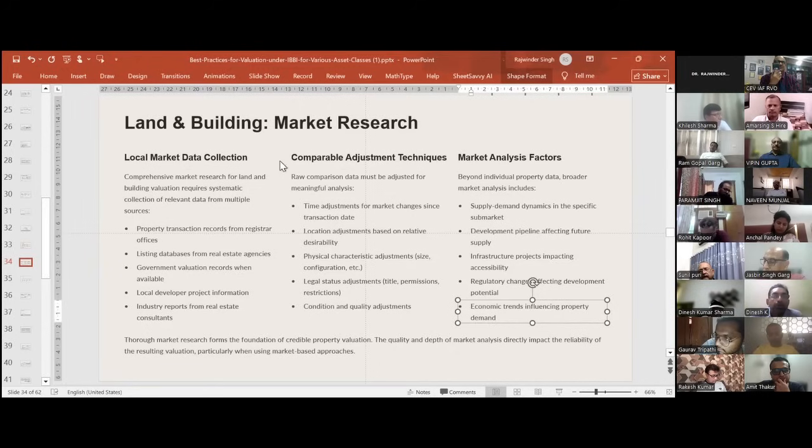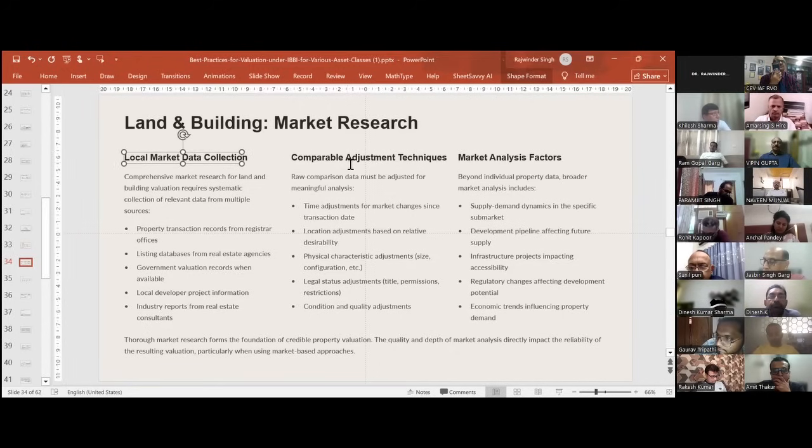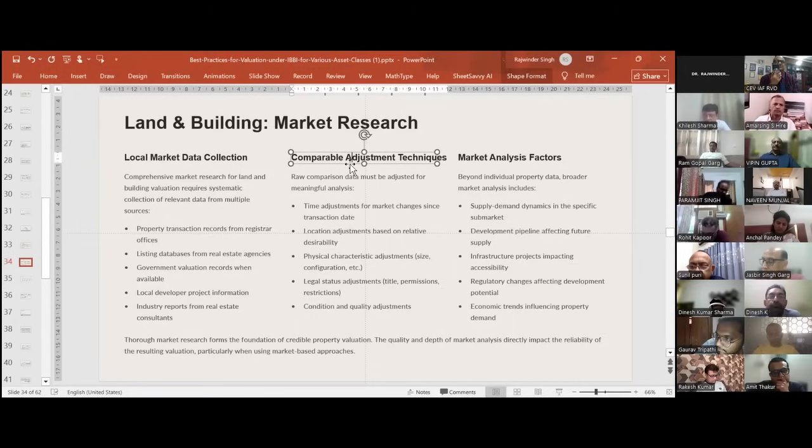So, what we have been doing so far, we have been using these two things in our valuation report.